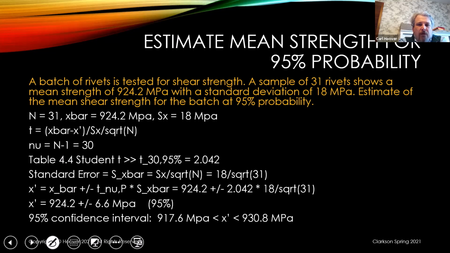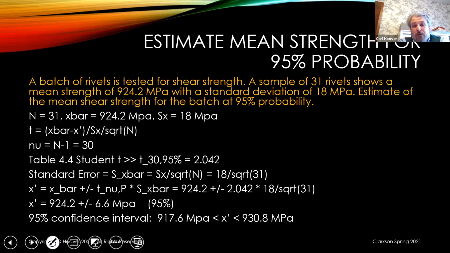So we have a batch where n is 31. So nu, our degrees of freedom, is n minus 1, or 30. We're going to compute a student's t for that. And so student's t will be based on the difference between a value and the sample mean over the standard deviation. So we're looking for 95% and to find the estimate of the shear strength.